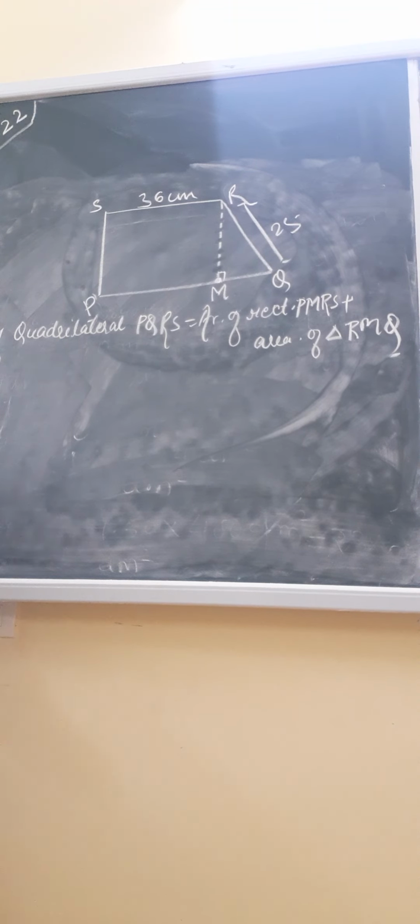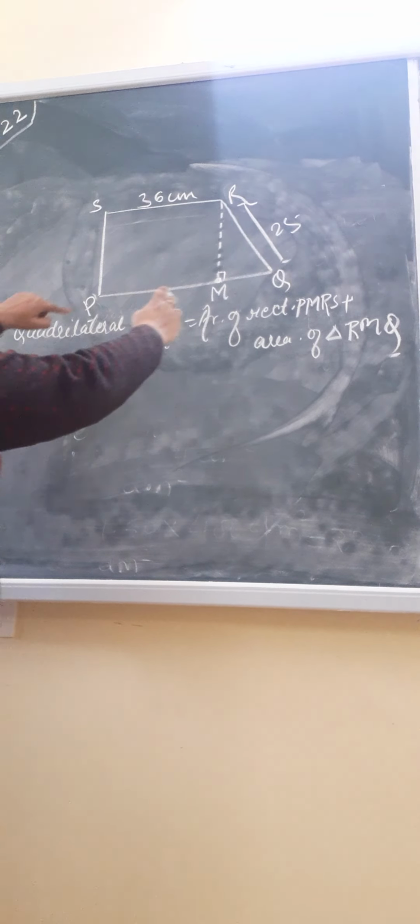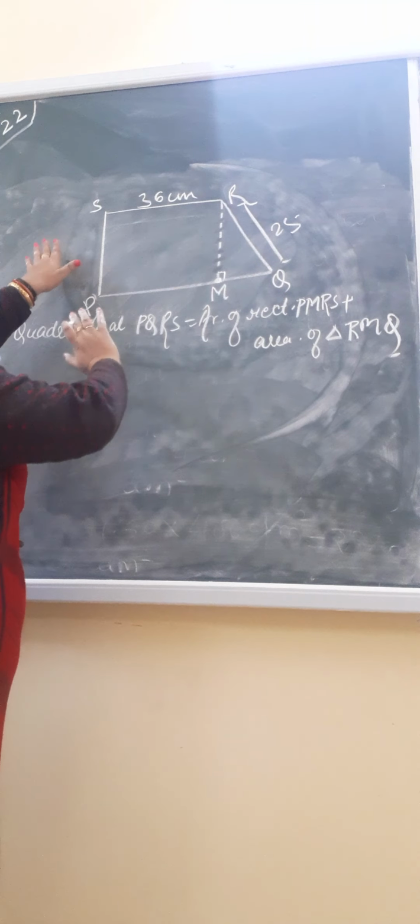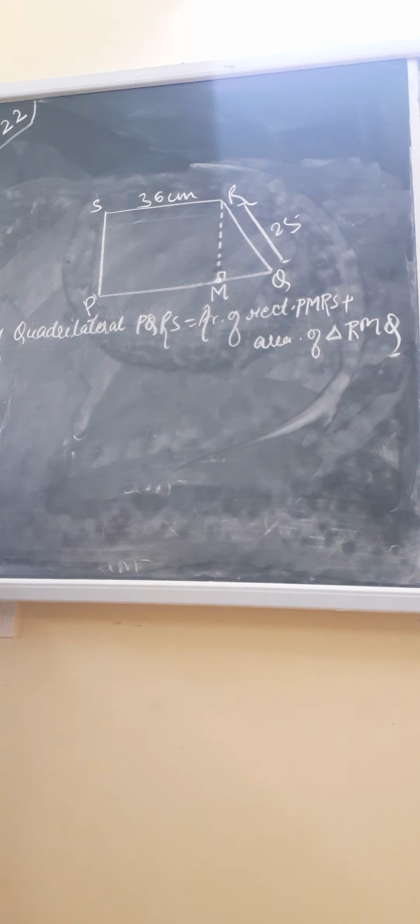Okay? For finding the area of rectangle, what is the formula for area of rectangle? Length into breadth. So this is the rectangle and we should have the length and breadth of this rectangle.